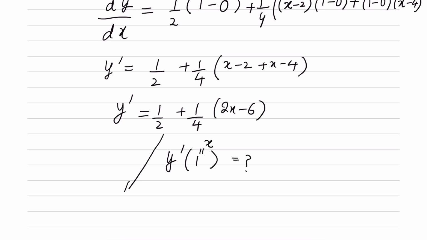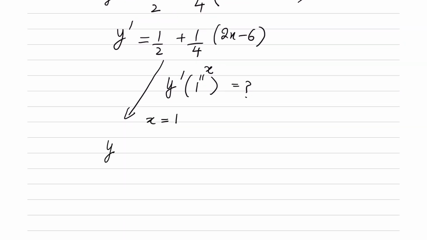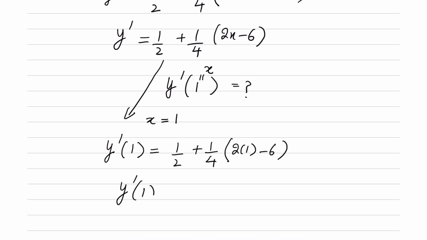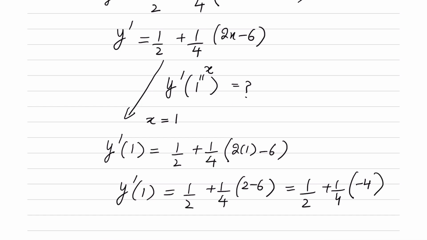So in this expression y dash, put x equal to 1. We have y dash at 1 equal to half plus 1 by 4. In the place of x you put 1 minus 6. So you get y dash at 1 as half plus 1 over 4, 2 minus 6, which is 1 over 2 plus 1 over 4 minus 4.